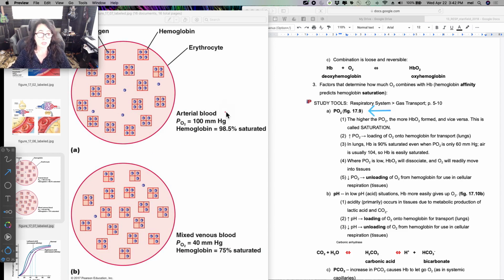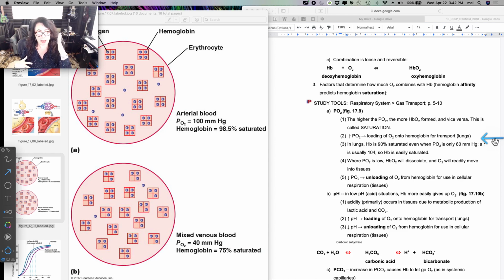So if you look right here, and these are systemic, by the way, higher PO2, higher saturation, lower PO2, lower saturation. That's kind of just the law of statistics and averages. So the higher the PO2, the more oxyhemoglobin is formed, and vice versa. This is called saturation. So higher PO2 causes loading of oxygen onto hemoglobin for transport, and that is true at the lungs.